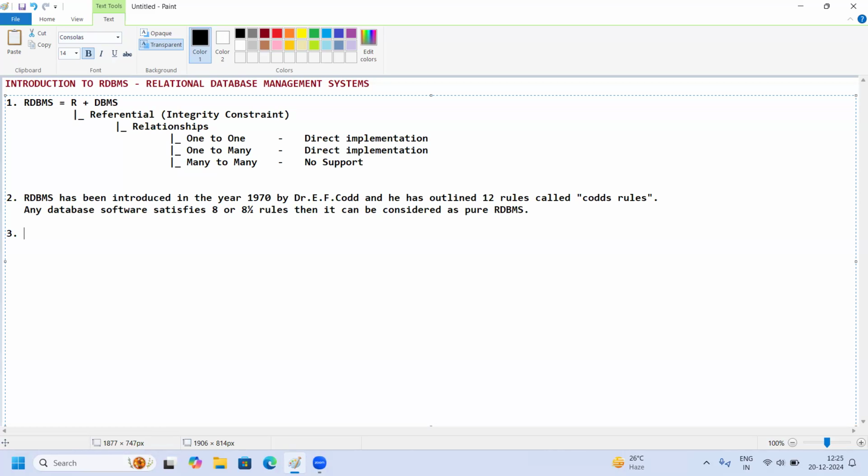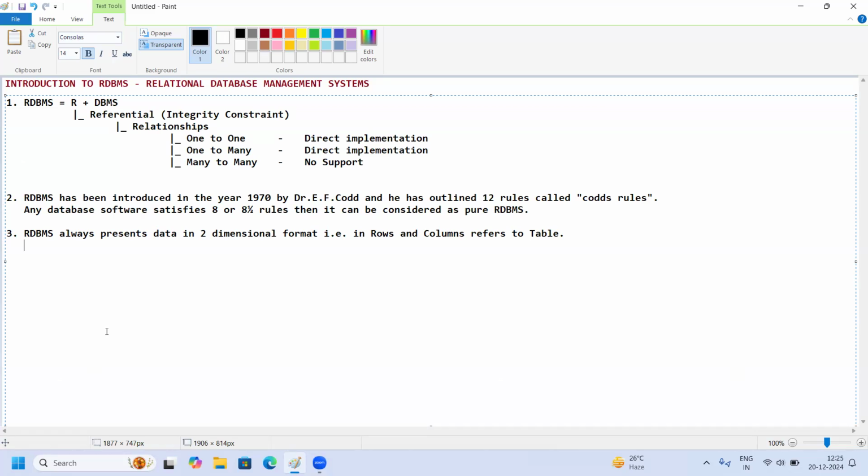Third: RDBMS always presents data in a two-dimensional format, that is in rows and columns, which refers to a table. Remember, two things are there.